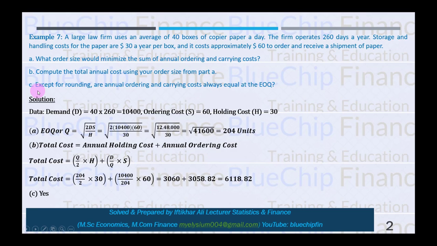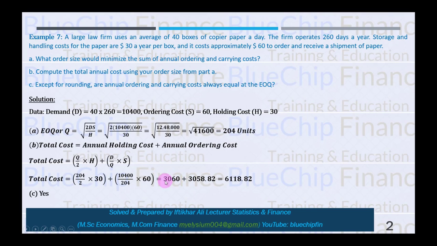And the third one is, except for rounding, are annual ordering and carrying costs always equal at the EOQ? Yes, obviously these both are equal. As you are seeing in this question, annual holding cost at EOQ is 3060, and annual ordering cost, D by Q multiplied by S, at EOQ is 3058.82. There is a slight change of just fractional points.